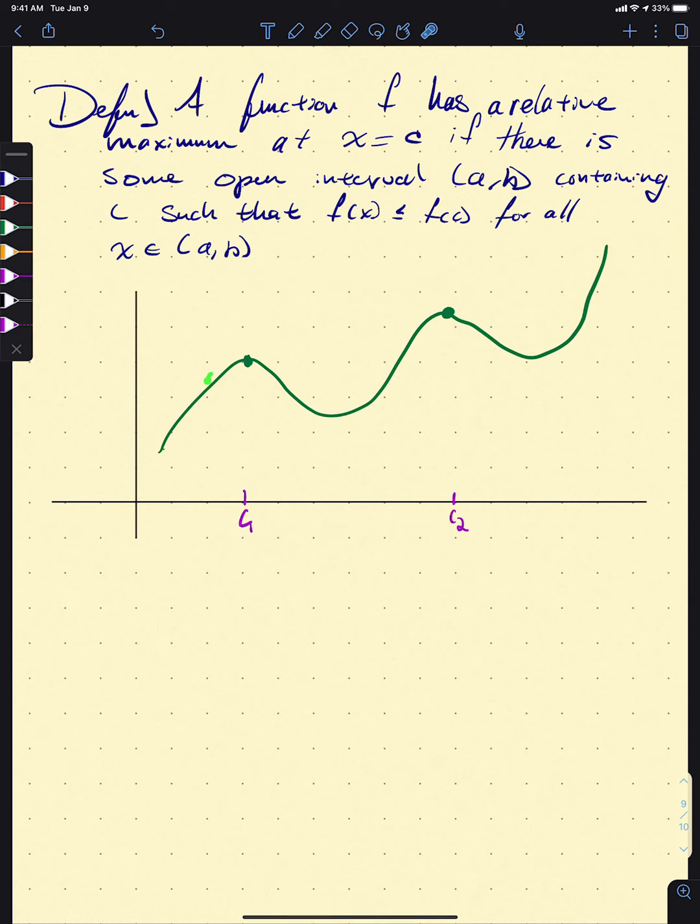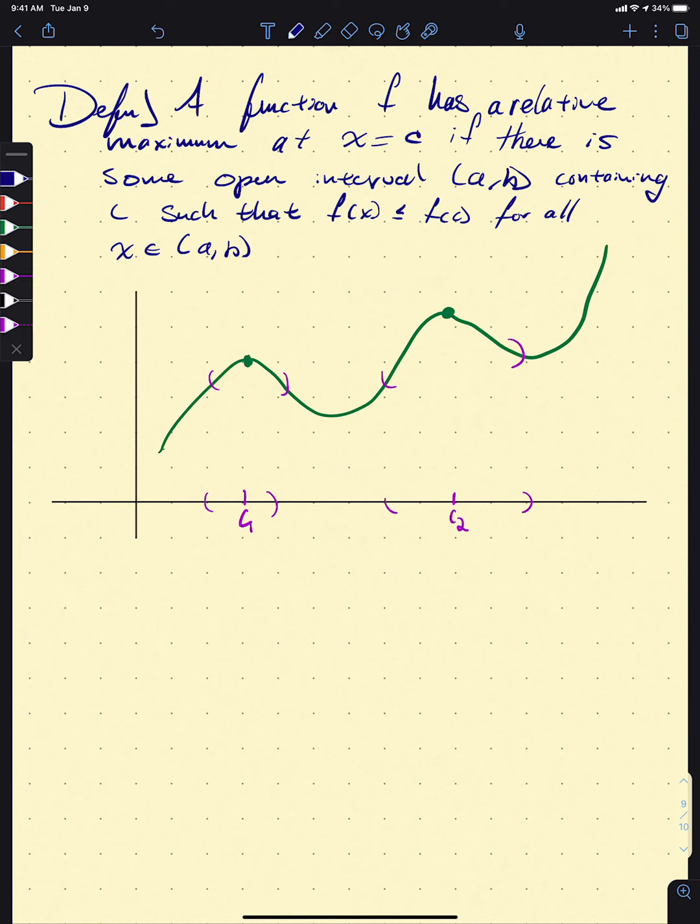If we pick this interval here for that one, then any element you could possibly pick out of here is going to be less than this. Similarly, we can pick these intervals to be tiny, or a little bit bigger like that. But everything in this interval, if you compare it to this point, is less than or equal to.